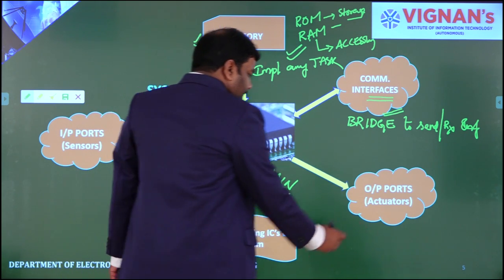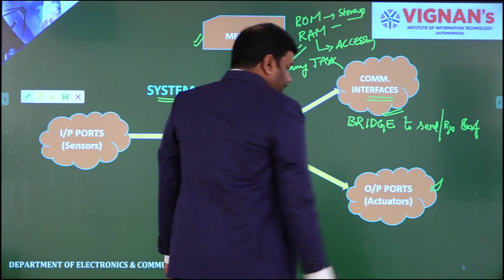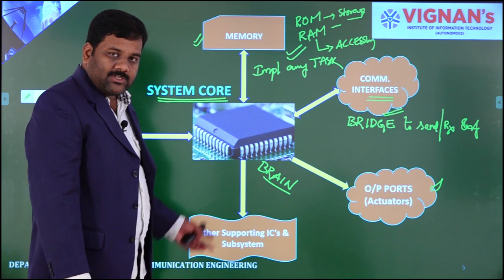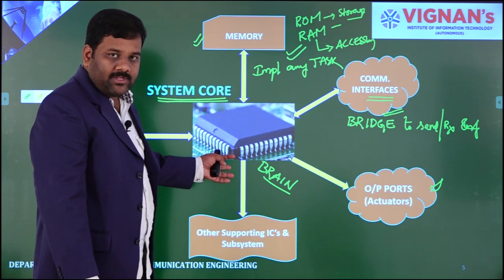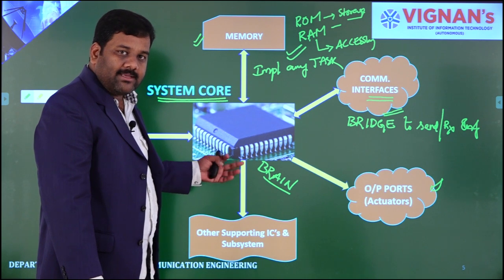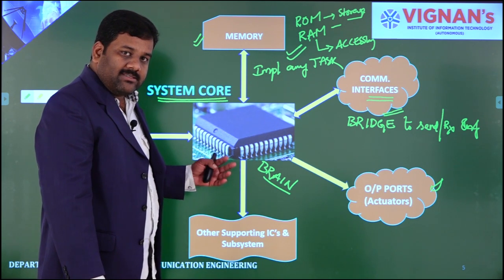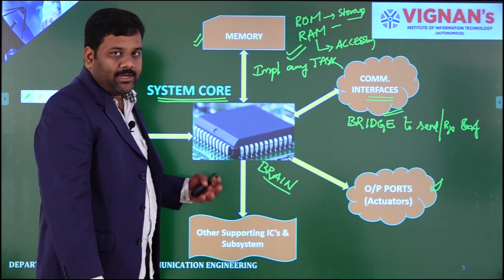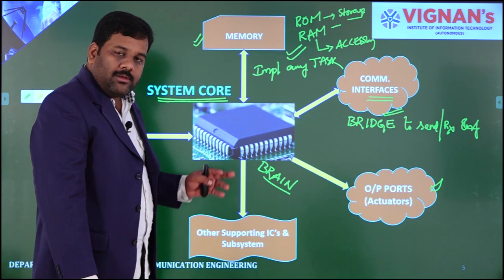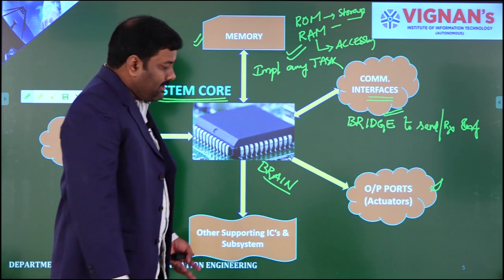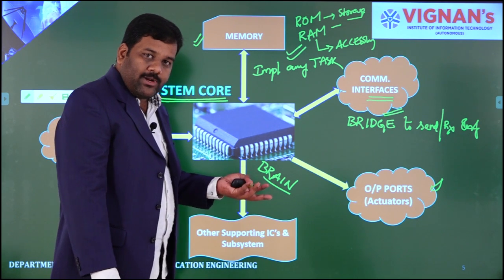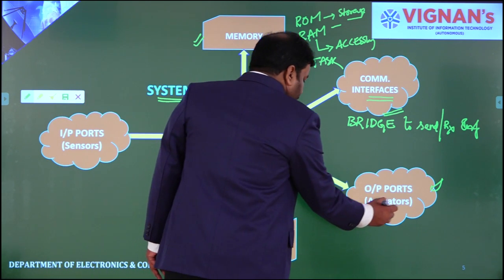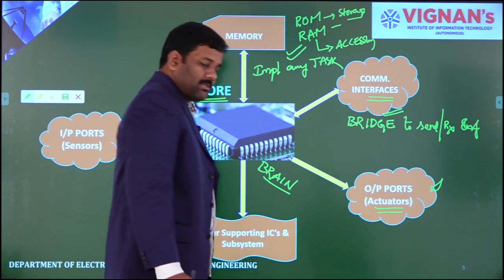And the next one is output ports. For example, I have given one task to this particular core of the system. It has been implemented and then executed. Then the executed output has to be displayed, or it has to go to the input of some next component. Then we need actuators.